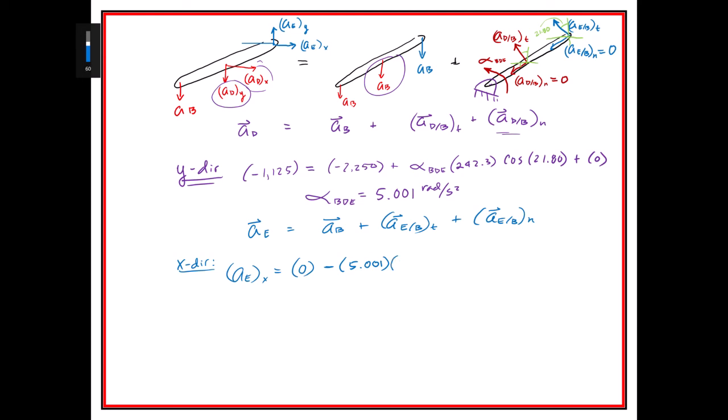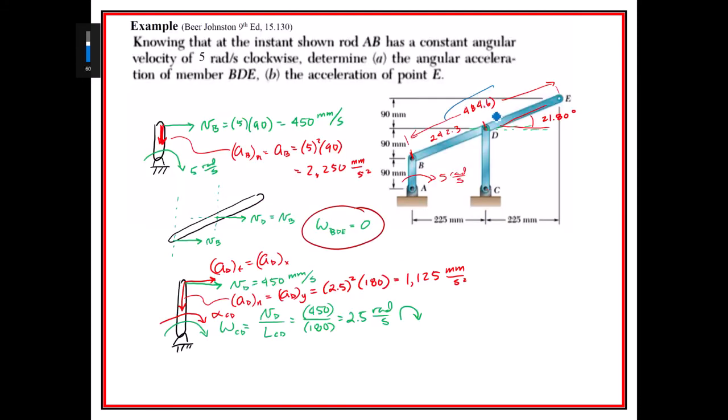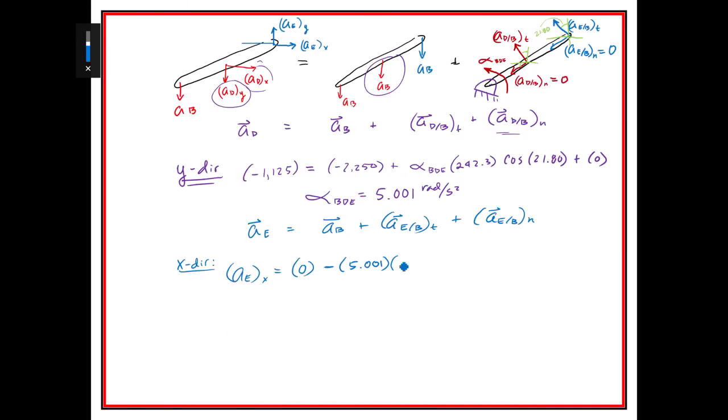And the total distance, remember that was 484.6, and it's only going to be the sine of 21.80, and what I end up getting is a negative 900 millimeters per second squared. So it's to the left.